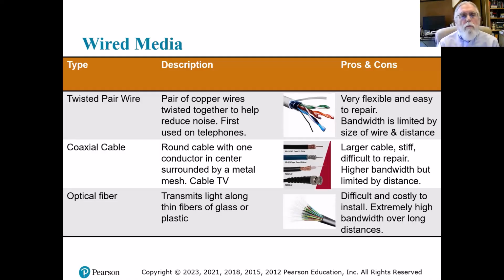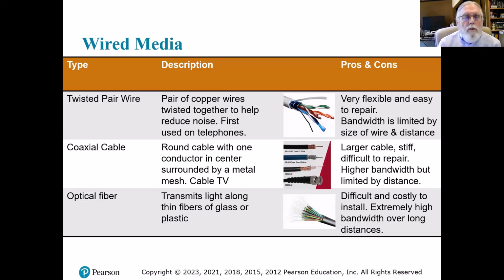What is the better solution now, and we're seeing more and more implementations of this, is not to transmit information using electricity by sending electrons down a copper wire, but instead to transmit light down cables. And the fiber optic cables are made of very thin pieces of either glass or plastic.